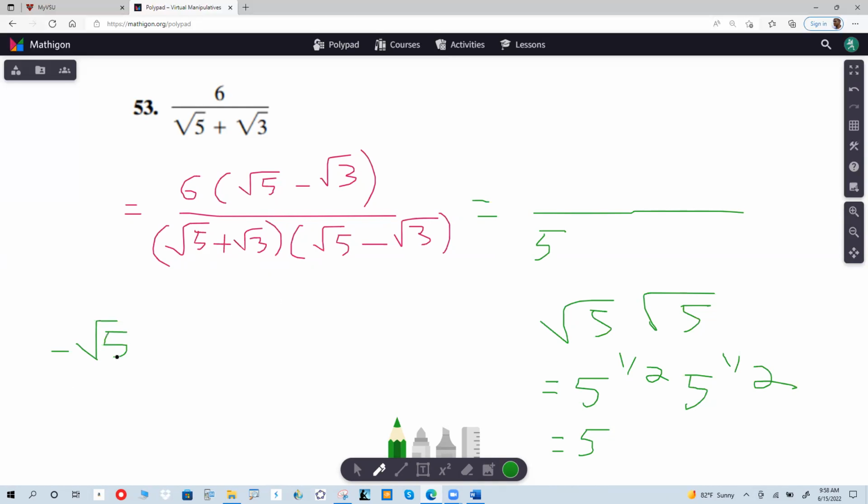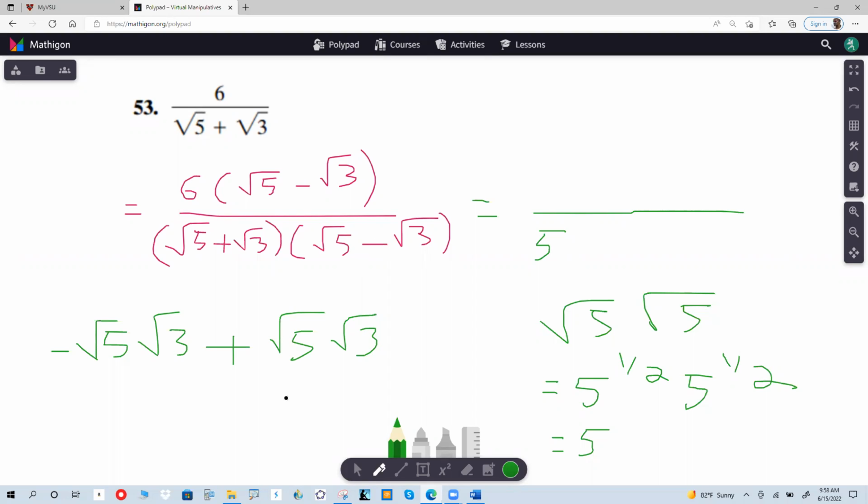You have to leave it here. These are the outside terms. And what are the inside terms? Positive square root of 3 times positive 5. I'm going to leave it here. And finally, the last terms, square root of 3 and negative square root of 3.